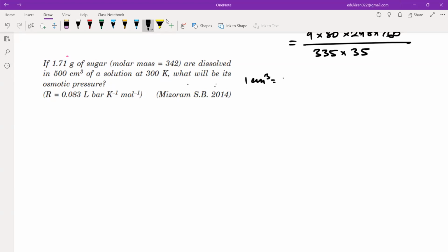One centimeter cube is equal to 1 ml. This is basically a very simple question.